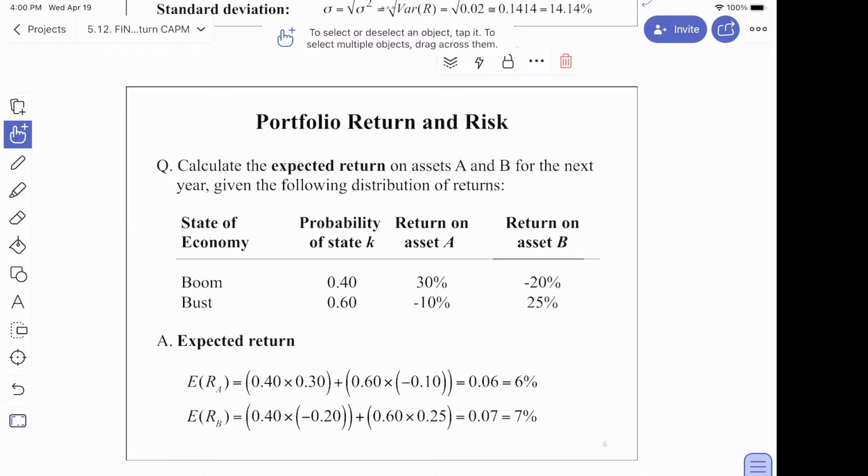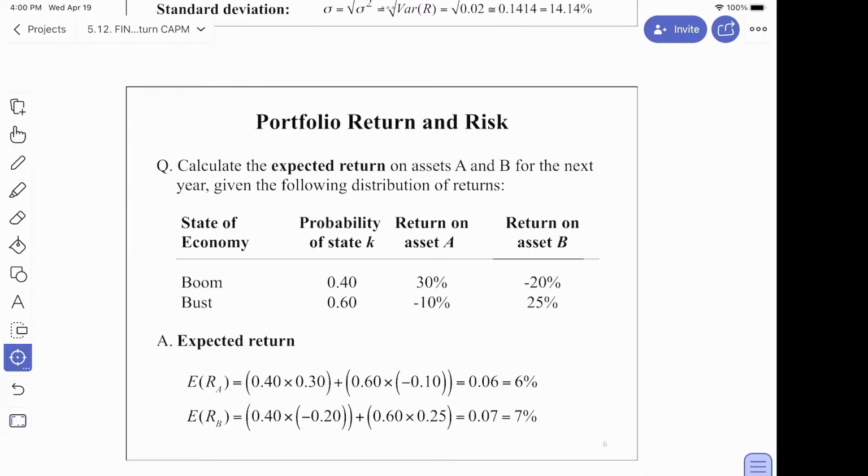So let's see what we can do here. These are going to be new statistics, just a few of them, and you can lean on what you've already learned to follow along. So we're just going to imagine two assets, A and B.